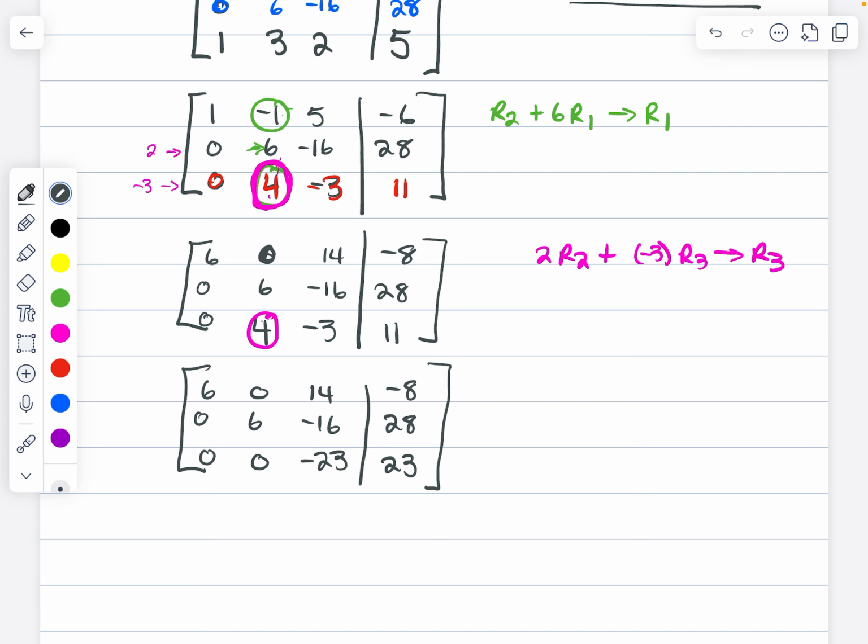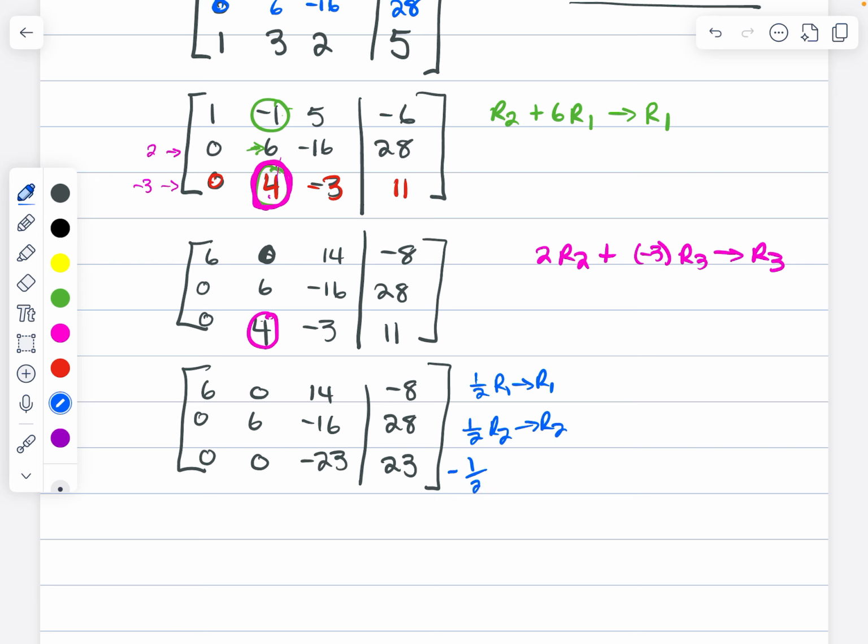All right. So we do want to simplify where possible. Notice in row 1, if we divide everything by 2, that'll make that simple. If we divide everything in row 2 by 2, that'll make that more simple. And if we divide everything in row 3 by negative 23, that'll make that more simple. We want to keep it in simplest form if possible. So we're going to do 3 things at one time, okay? Again, we're going to take a half of row 1 and replace it in row 1. A half of row 2 and replace it in row 2.